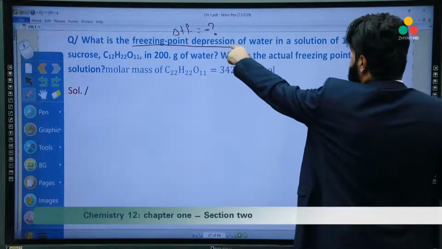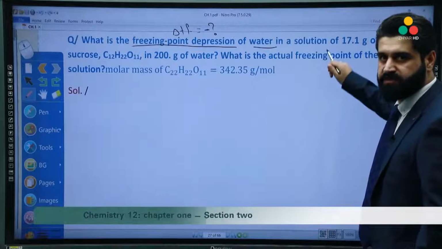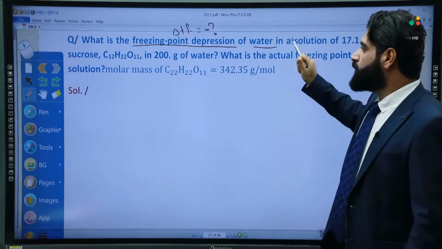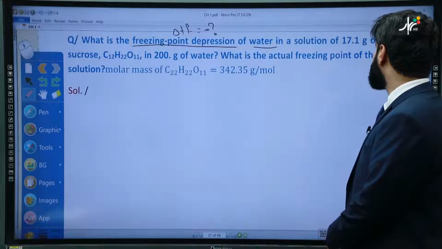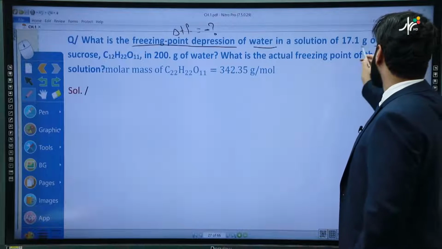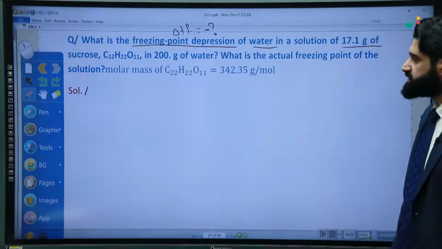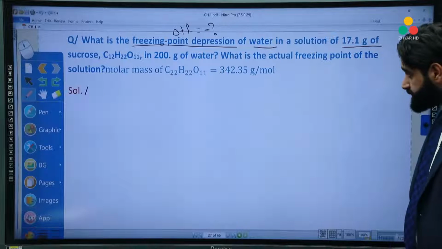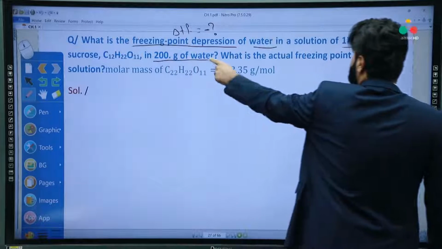What is the freezing point depression of water in a solution of 17.1 grams of sucrose dissolved in 200 grams of water?